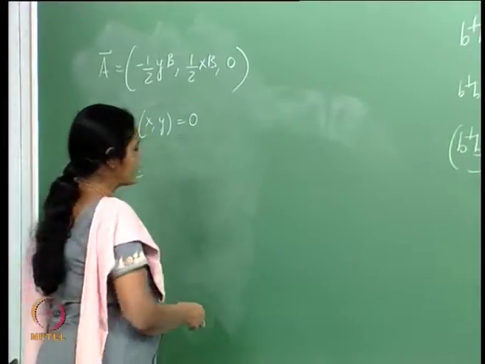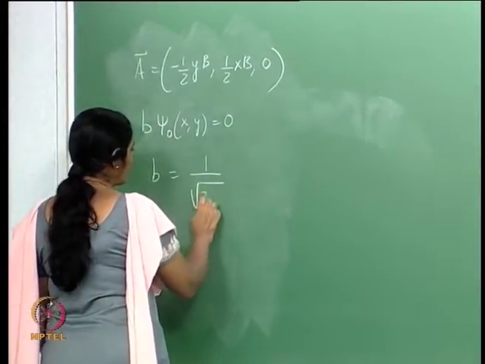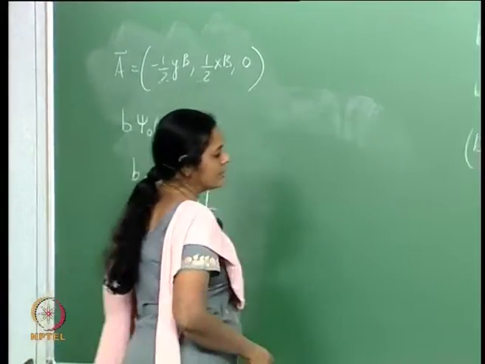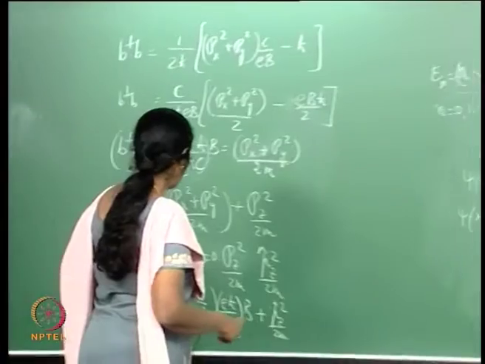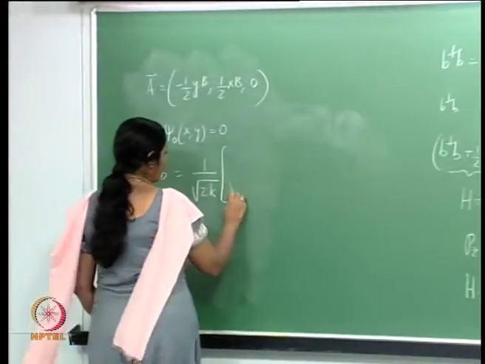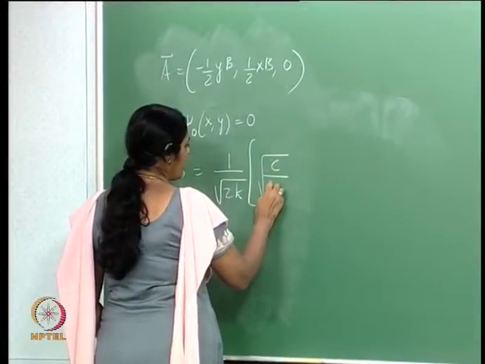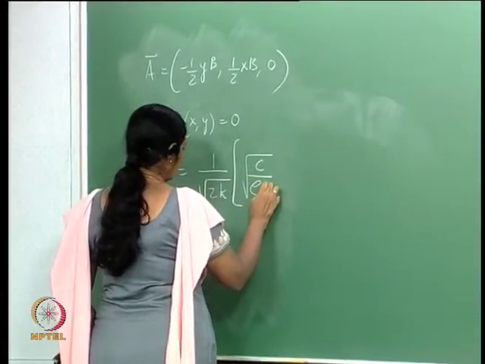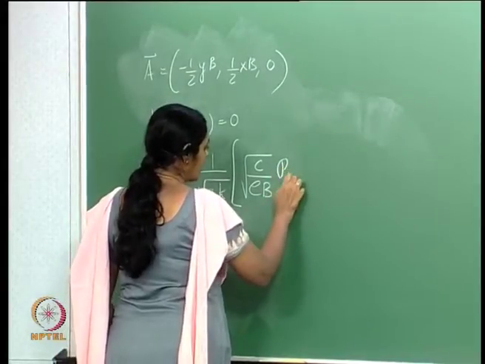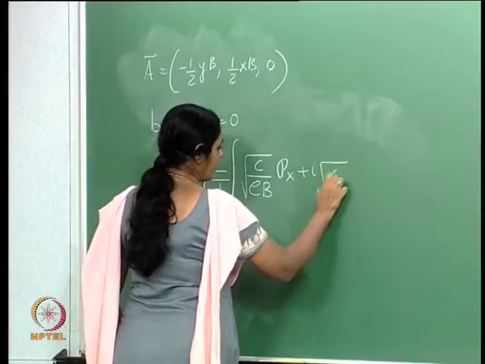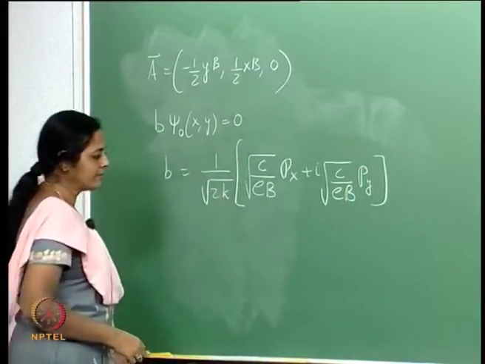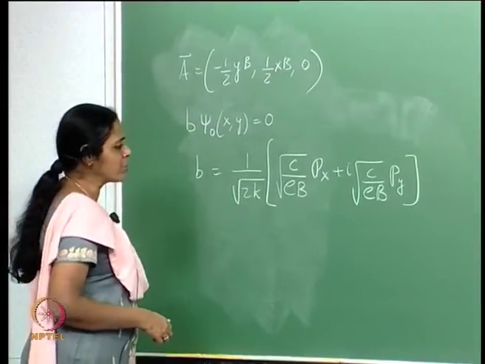b was defined as 1 by root of 2 h cross, capital Px plus i Py, and that object was root of c by eB times Px plus i root of c by eB times Py. So this was my definition of b.